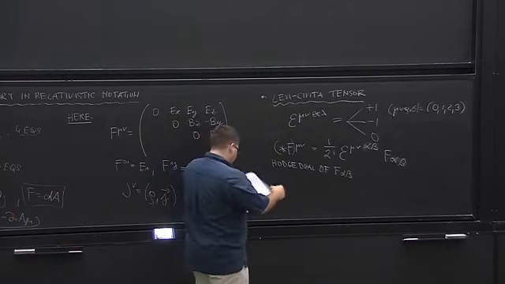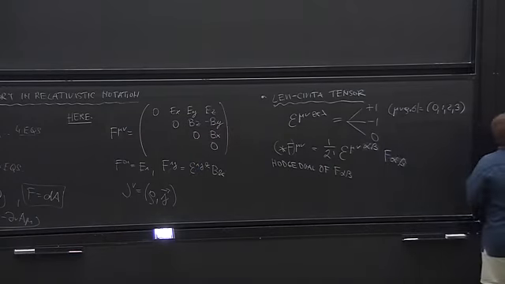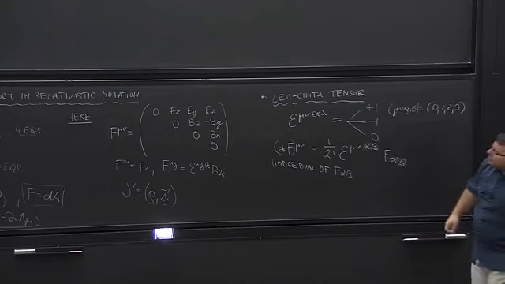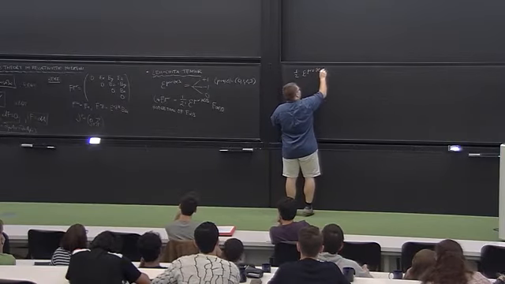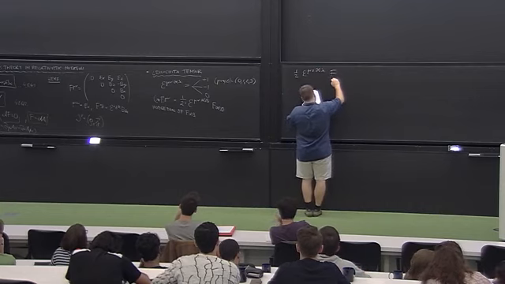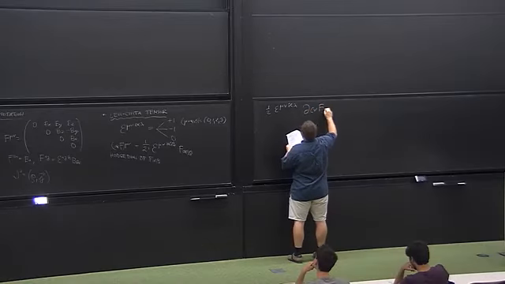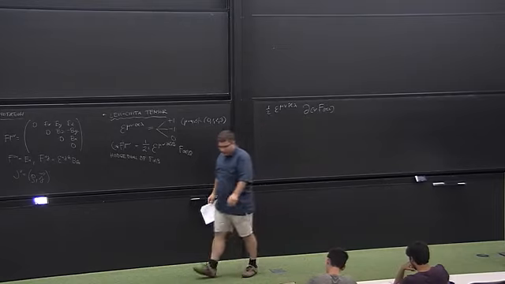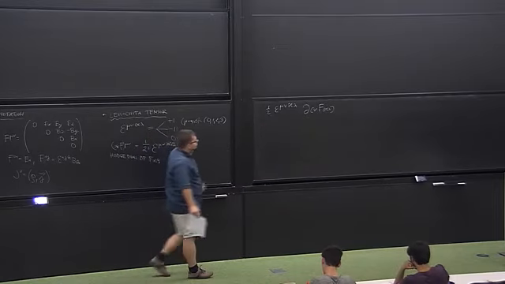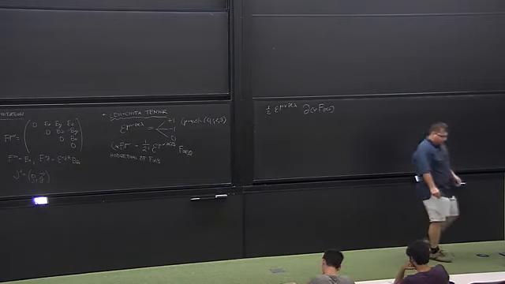So why not consider that equation, but now multiplied with epsilon mu nu kappa lambda, and then d nu f kappa lambda. This is the first Maxwell equation, so it's 0. I'm contracting with plus minus ones, but all the components are 0, so this must still be 0.